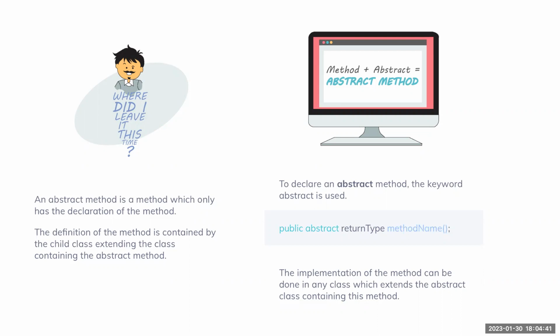When we declare this, we don't require those flower braces. We just use the semicolon to end that statement. The implementation will be done in the extended class. So that's what we learn about abstract methods.